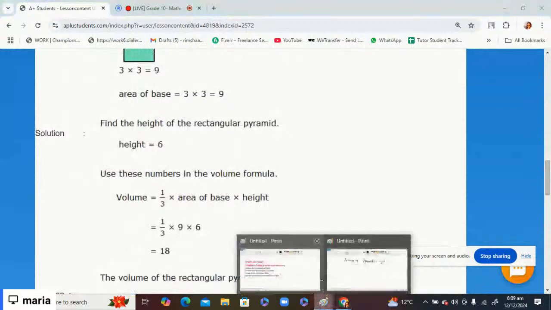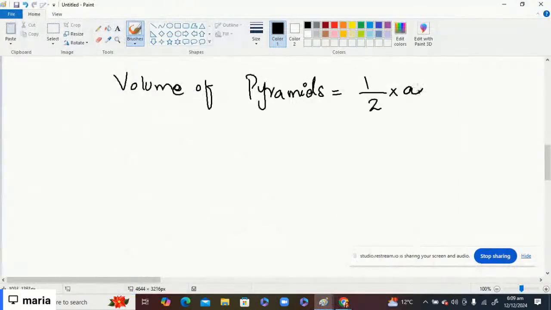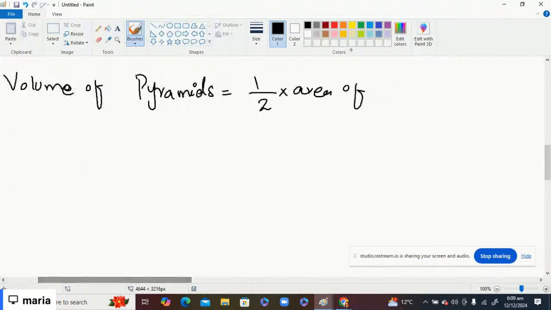Area of base times height, divided by 3.